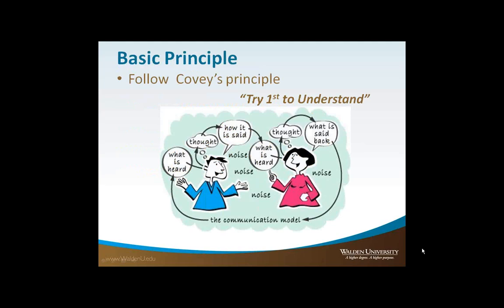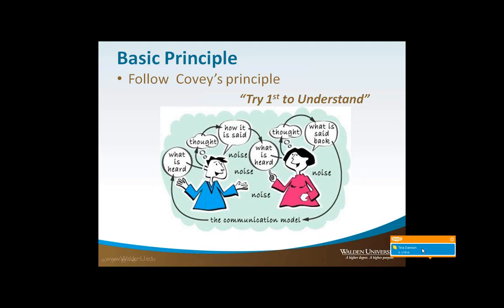One of the things that is very important in any understanding is Stephen Covey's principle, where he says, try first to understand. And you see 2 people here talking. If you look at the guy on the left, he is listening, he's thinking, and there's some noise going on.